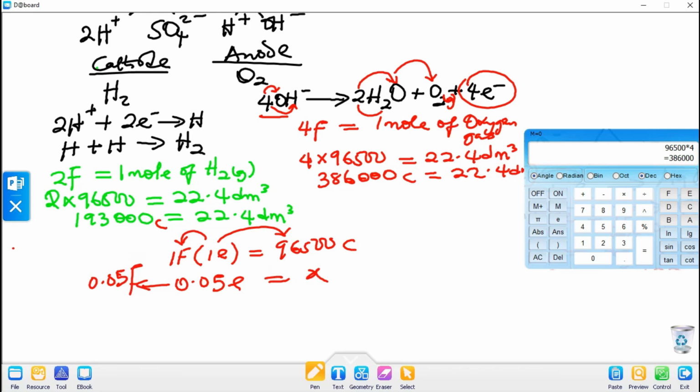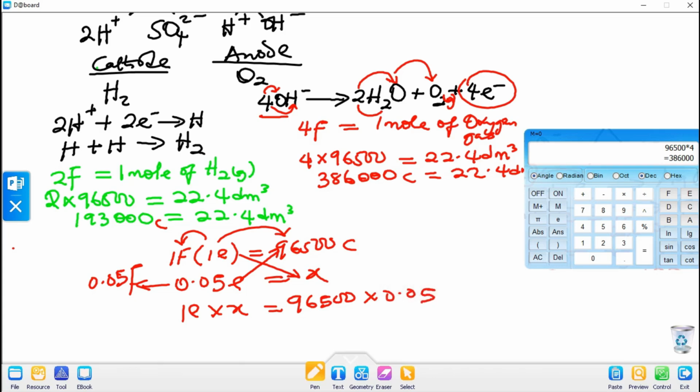So simply we'll cross multiply. We are going to have 1 mole of electrons times X is equal to 96,500 times 0.05.